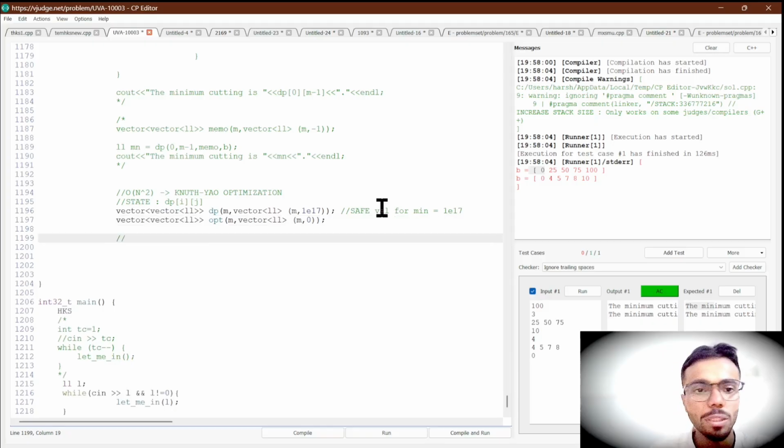In Knuth-Yao optimization, for every range IJ, whatever split search point K is usually taken lies in the range from opt[i][j-1].